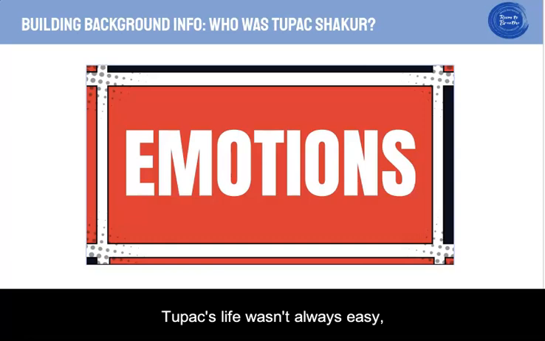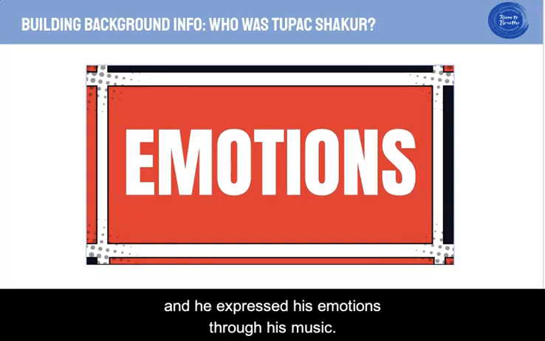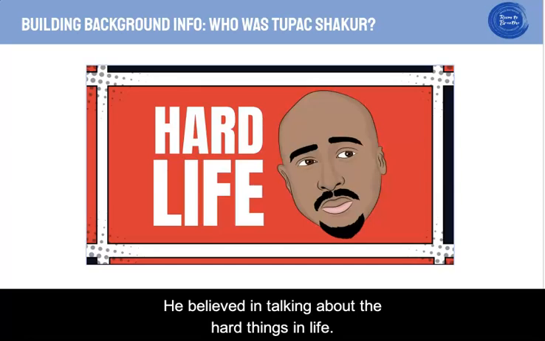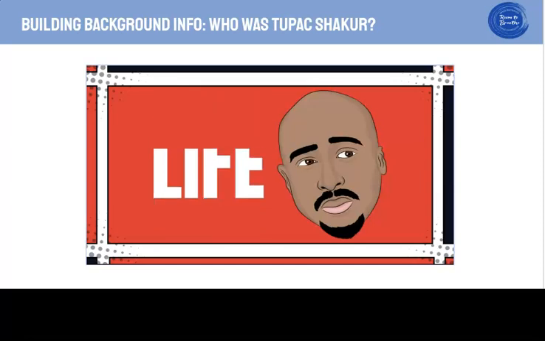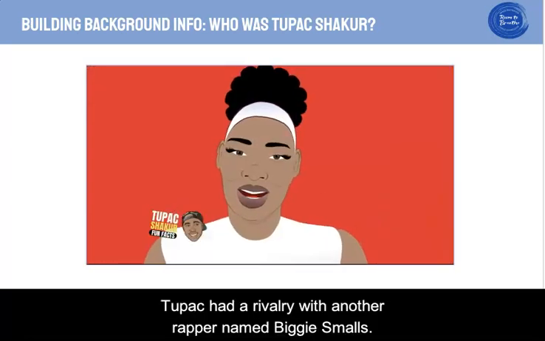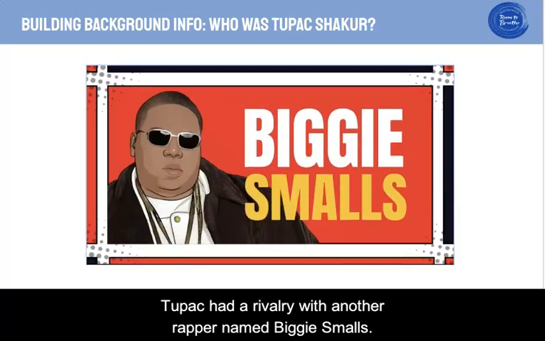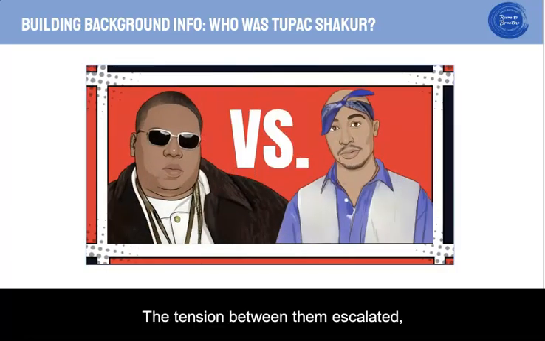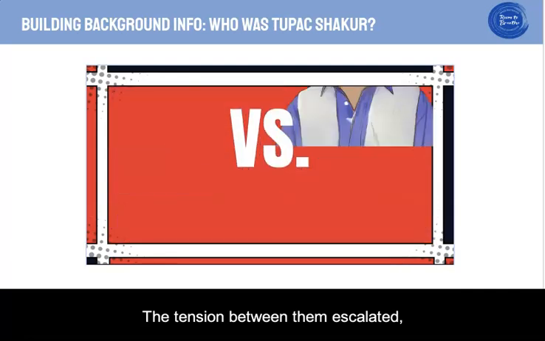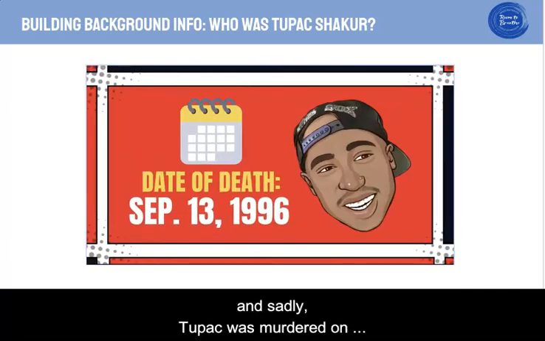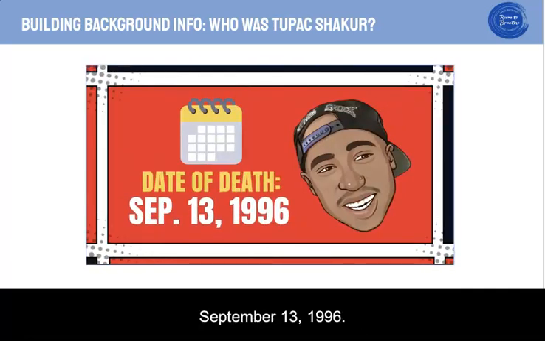Tupac's life wasn't always easy, and he expressed his emotions through his music. He believed in talking about the hard things in life. Tupac had a rivalry with another rapper named Biggie Smalls. The tension between them escalated, and sadly, Tupac was murdered on September 13th, 1996.